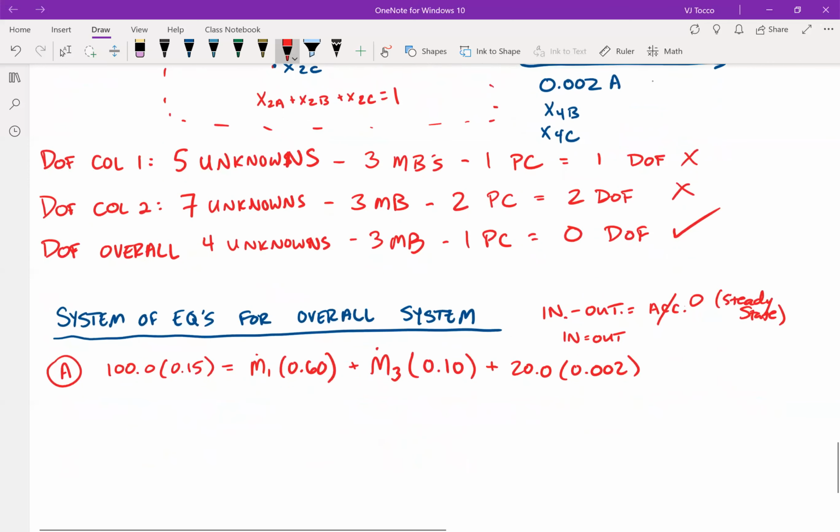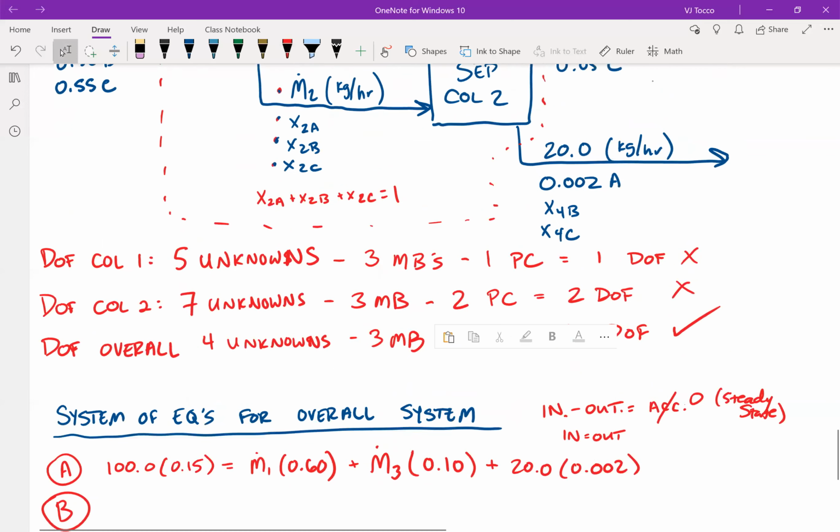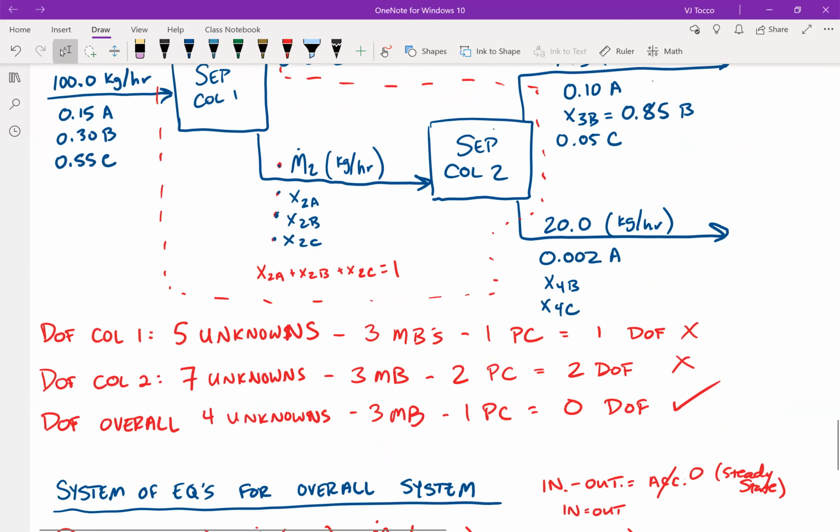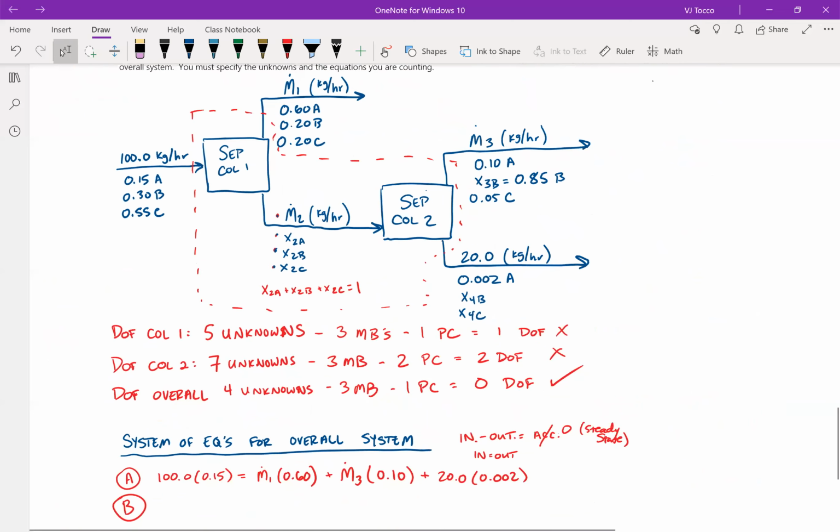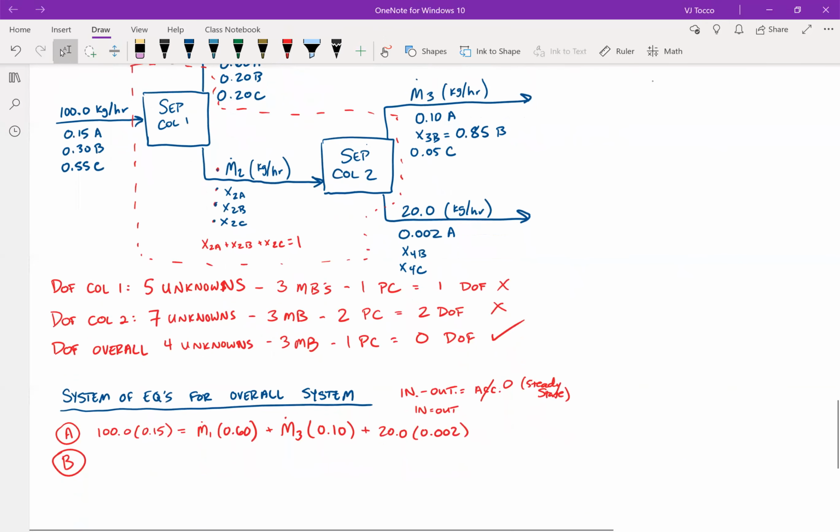I can't solve this equation because I have 2 unknowns, M1 and M3. Again, I don't really like to start solving equations before I have the entire system, because I want to pick the easiest one, and it's not necessarily true that the first one that you see that is solvable is going to be the easiest. So I'll keep going. Let's do B now. Let me zoom out a little bit so we can see everything.